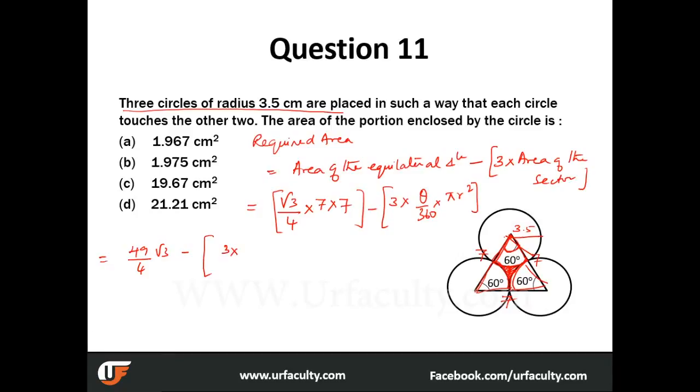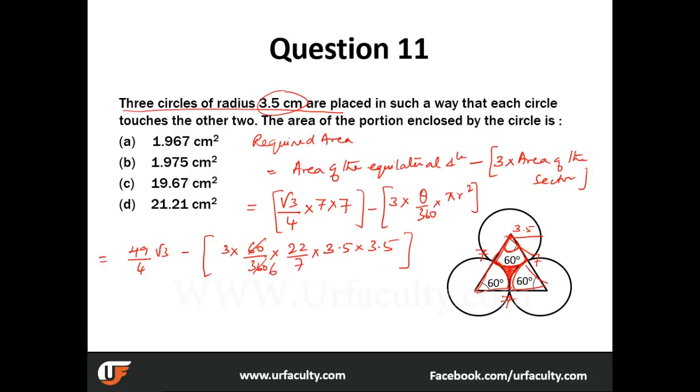3 into theta by 360, 60 by 360 into 22 by 7 into, and what is R? Please note R is 3.5. That's what is being given in the question. 3.5 into 3.5. What do we do now?